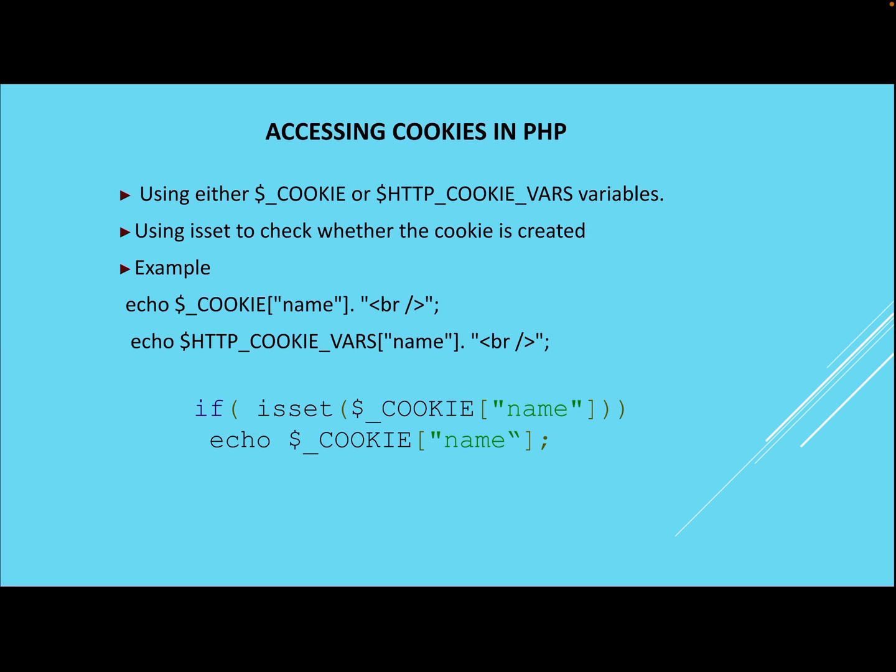We can use either of these variables for accessing the data of a cookie, and there is another function called isset to check whether a particular cookie, if the name of the cookie is given, has been created or already set. Here we can see some examples.